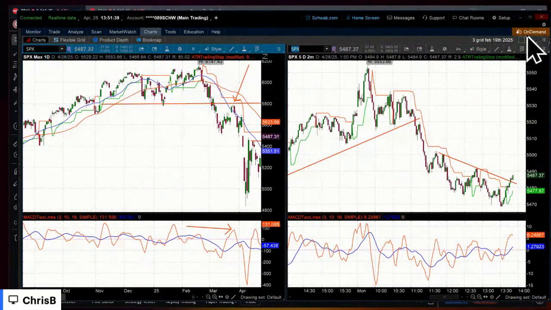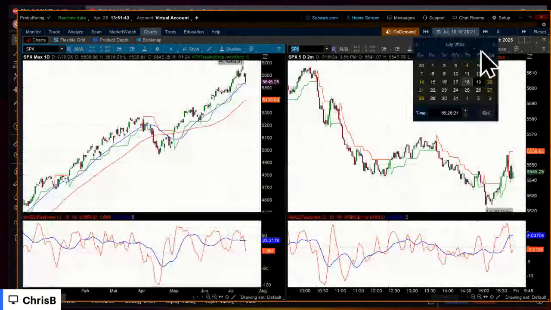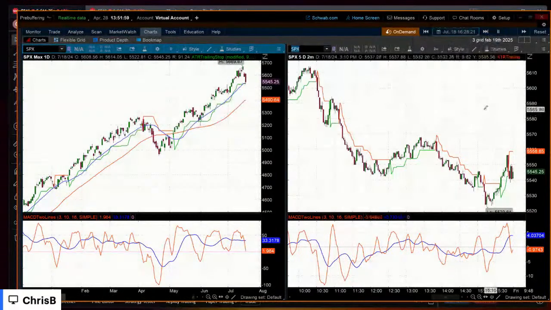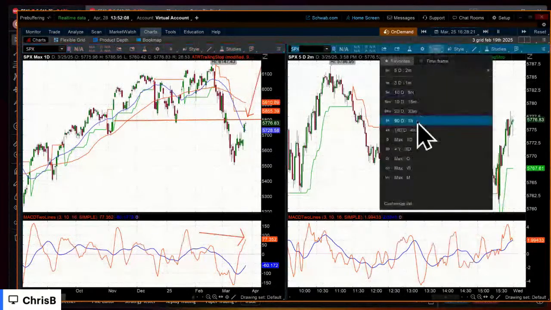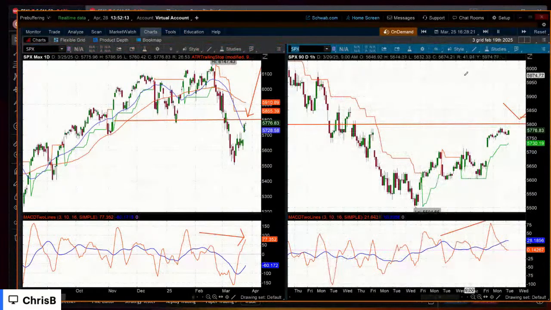Let's go to March 25th using the on-demand function of Thinkorswim. Roy, you're right about that. You can do it mechanical, and I'll show you an example of how you can sort of do it. So let's go into March 25th. There, you see the doji. On an hourly, it looks like that, and heck yeah, you don't know it's going down yet.